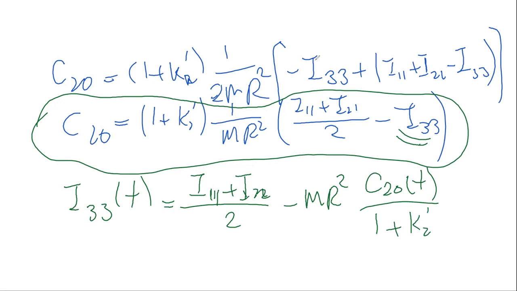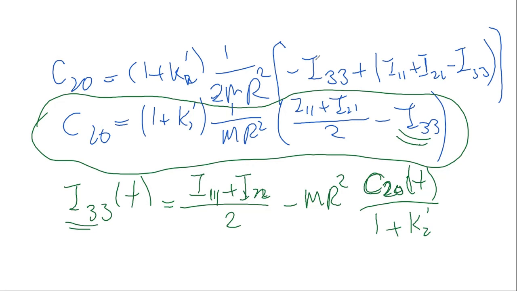So this is the moment of inertia, and you see that C20, the second degree harmonic of the gravitational potential, has a direct relation with I33, which is the third moment of inertia around the z-axis, or the third axis.